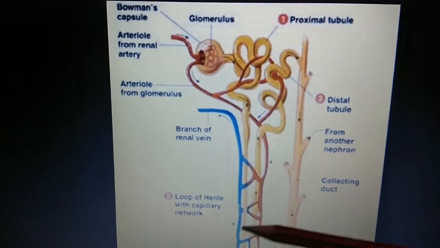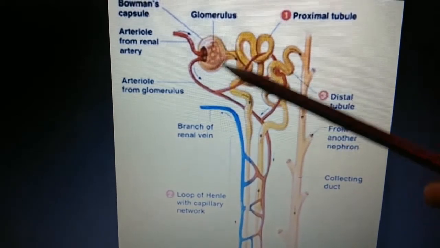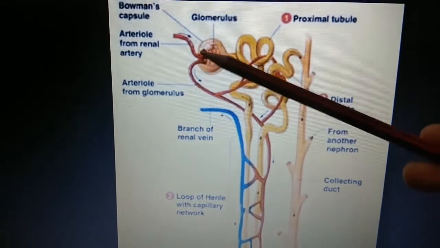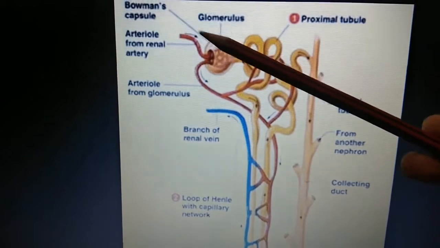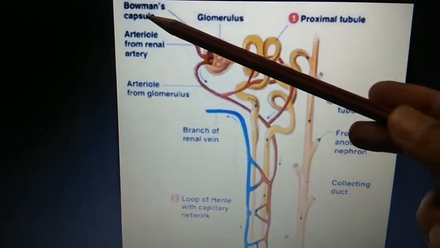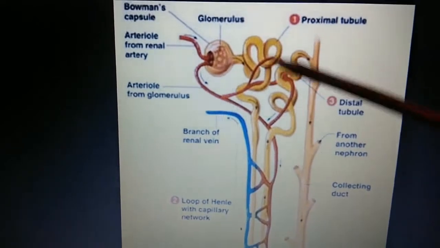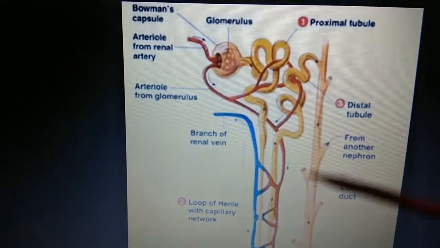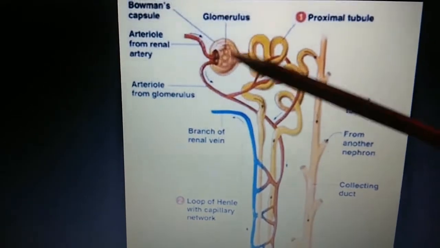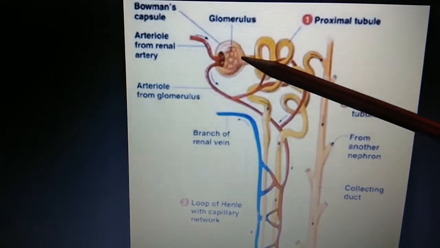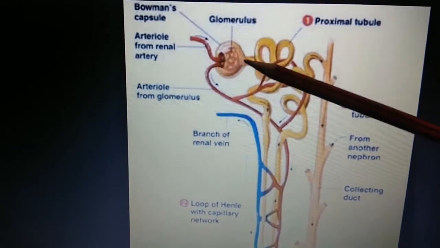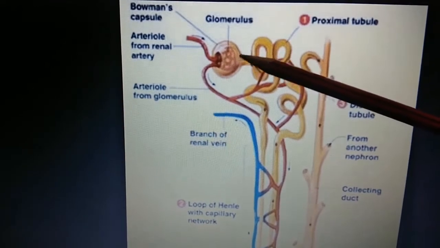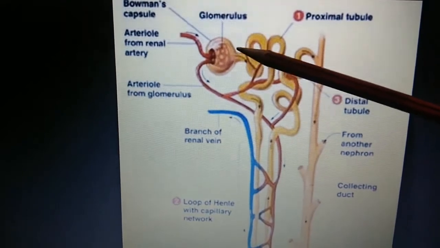Now we will summarize: mainly the filtration of blood and ions takes place in the renal corpuscle, including the glomerulus and Bowman capsule. And in the renal tubule, the reabsorption of ions takes place. The filtrate that is formed contains sodium, potassium, ions, electrolytes, amino acids, proteins, glucose, urea, creatinine, ammonia.